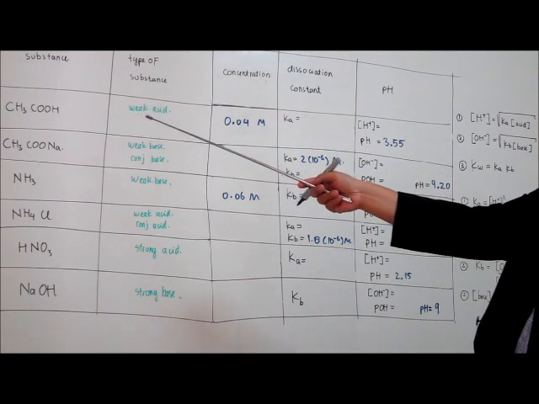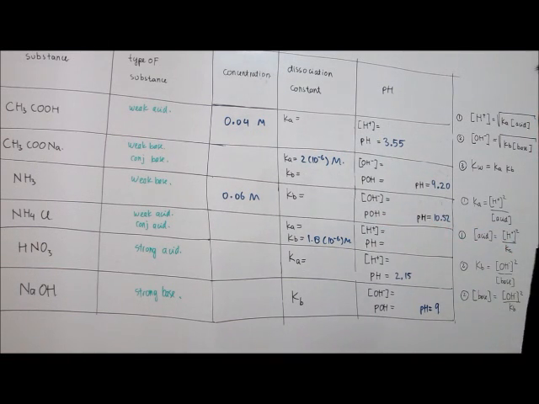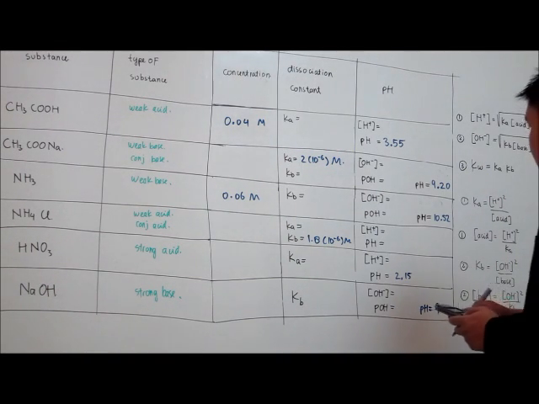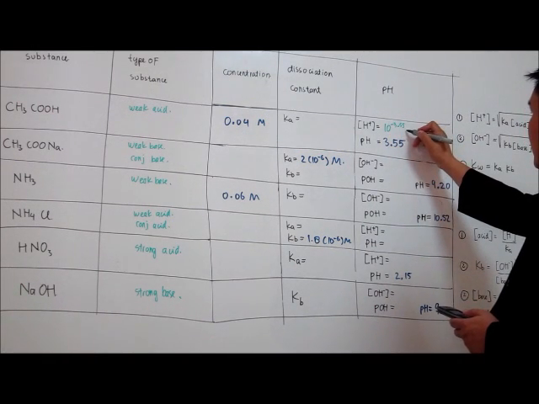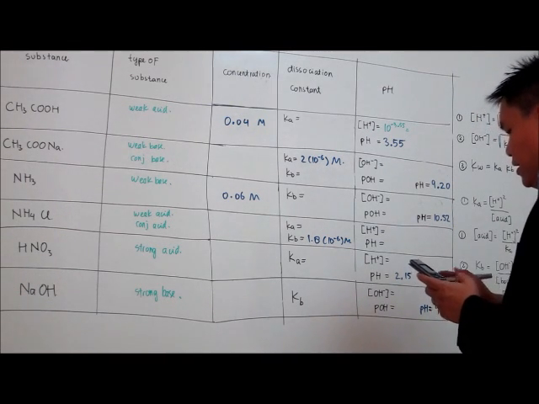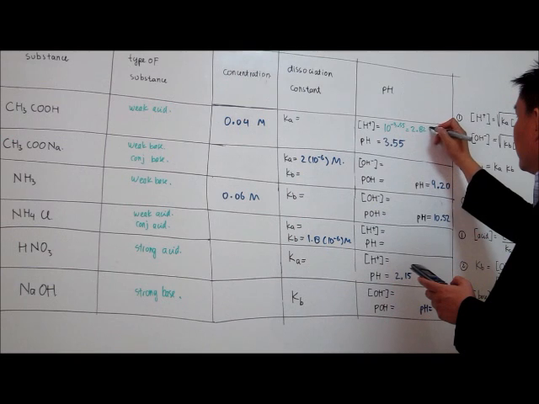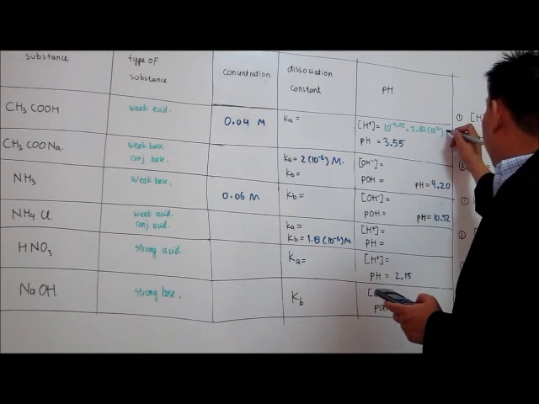For the first row, question number 1, pH is given as 3.55 and it's a weak acid, so we are going to use formula number 1 and make Ka the subject. So pH is 3.55, so H plus is 10 power negative 3.55, which is 2.82 times 10 power negative 6 mole per dm cube, of course.